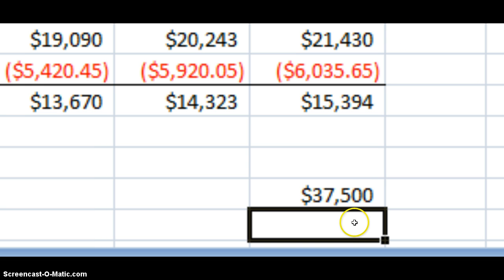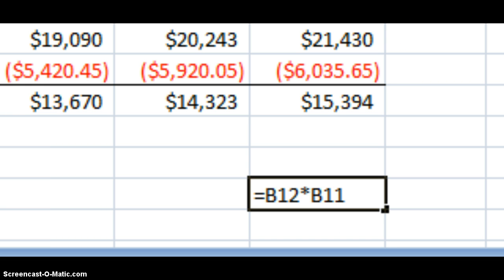Oh, whoops. Got to do 1 plus. Plus that. There we go. So that is going to be our selling price in 3 years.